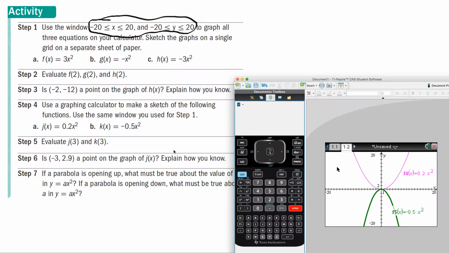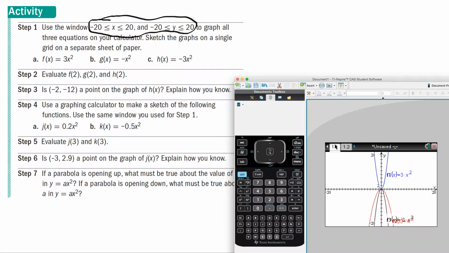And if we look at 1.1, we can see that both of them open up more than any of the graphs from the first set of problems we did for the activity. So when you're asked to describe a parabola, you're going to describe where the vertex is, whether it opens up or opens down, and in some way, either quantitatively or qualitatively, how much it opens, how big of an opening it has.